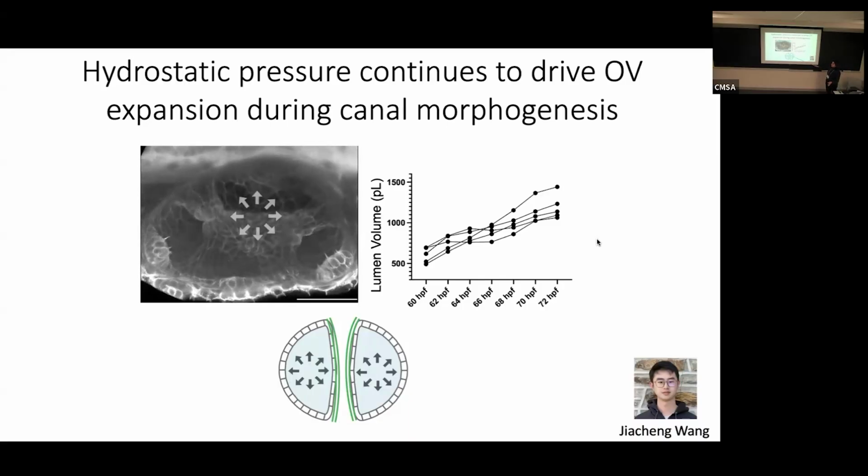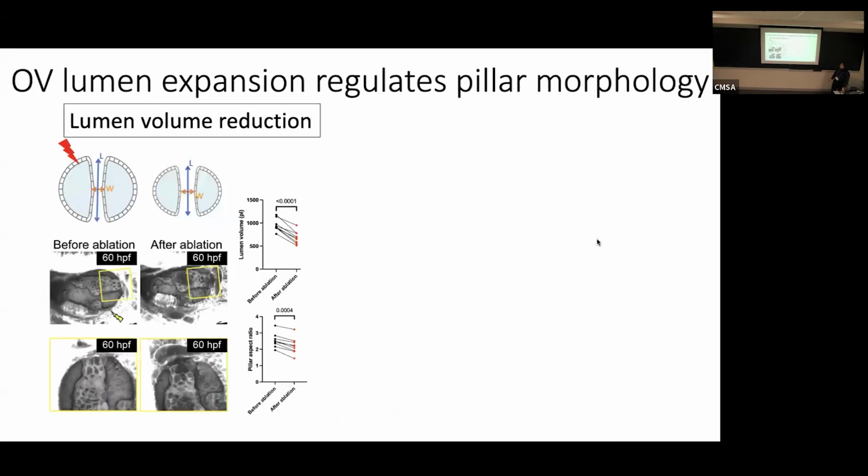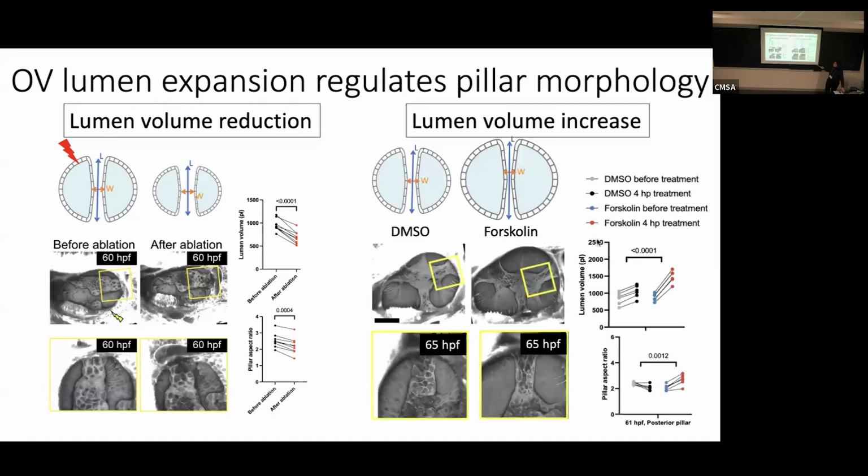Here we're asking the question of just, does this hydrostatic pressure impact the pillar morphology? So we can ablate these auric vesicles, release the pressure, and that makes the pillar shorter and wider. So it's a geometric transformation that happens when we release the pressure. We can also do the reverse.